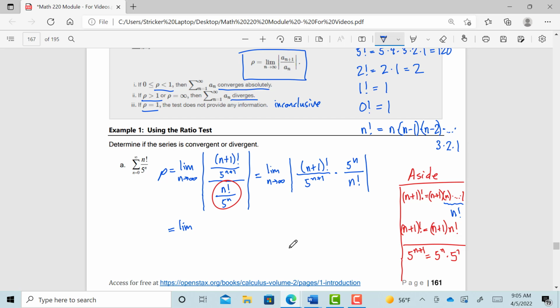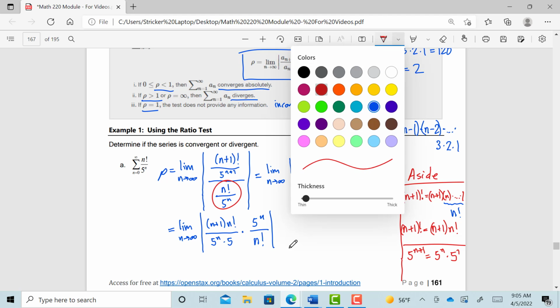We have the limit as n approaches infinity. And that first fraction we can rewrite, as we just saw, as n plus 1 times n factorial. And then in the denominator, instead of 5 to the n plus 1, we can rewrite that as 5 to the n times 5. Then we have 5 to the n over n factorial. And now, hopefully you can see, there's a lot of things that we can cancel.